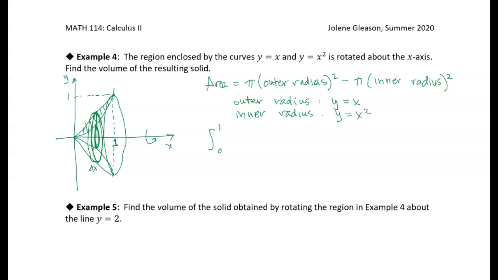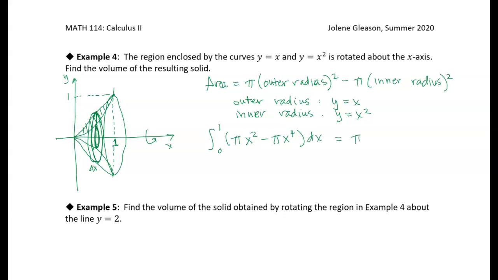Integrate from 0 to 1, pi, and the outer radius is x, so we get x squared because it's pi r squared, minus pi times the inner radius squared, and we have x squared squared, which becomes x to the 4th, dx. All right, that's easy enough.